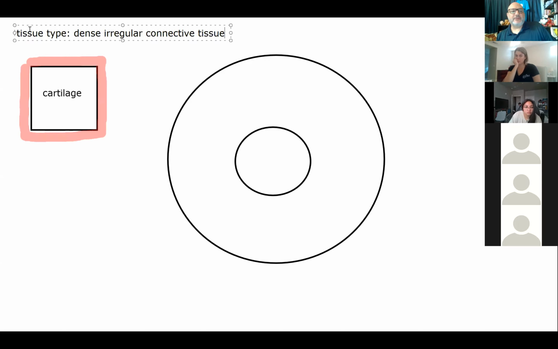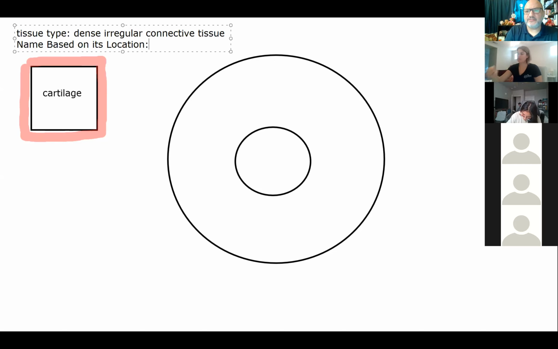Is this the only place in the body where we find dense irregular connective tissue? No, of course not. So this dense irregular connective tissue that happens to be wrapped around cartilage, we can give it a name based on its location. And as Alina pointed out, the name of this tissue that wraps around the cartilage is a perichondrium.